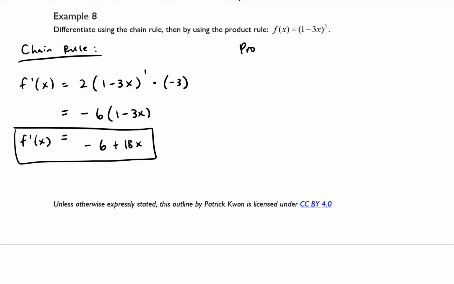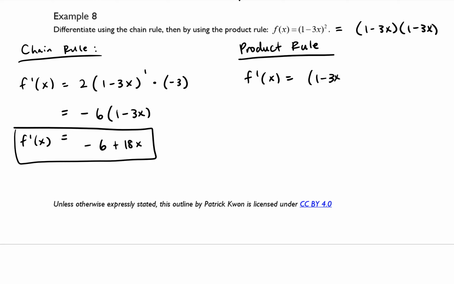And let's use the product rule now. If we do that, we want to rewrite this as (1 minus 3x) times (1 minus 3x). So f prime of x will equal the first times the derivative of the second plus the second times the derivative of the first.